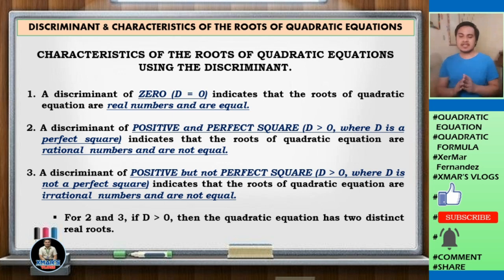What is distinct? Distinct means different. And take note, both rational and irrational numbers belong to real numbers. That is why we have two distinct real roots, or two different real roots.